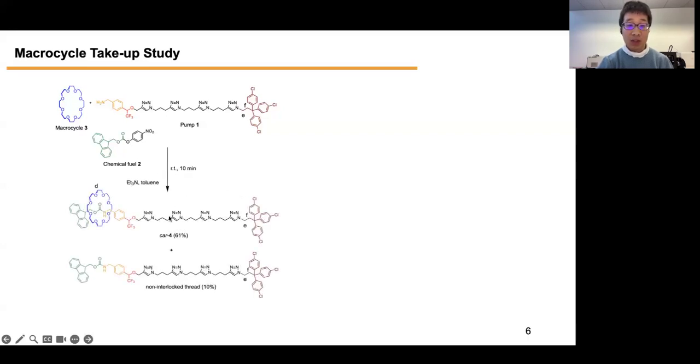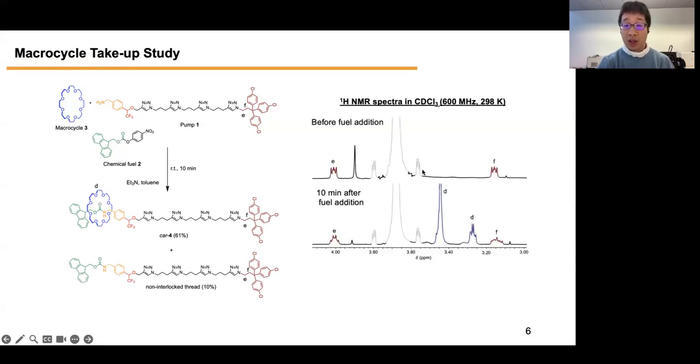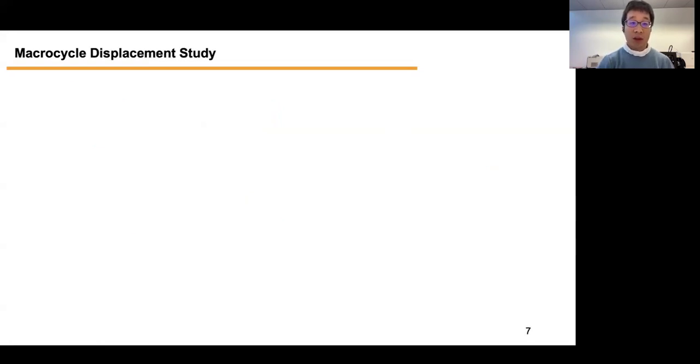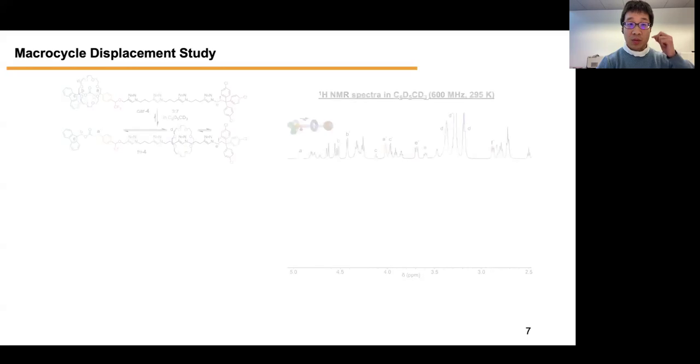And in 10 minutes, the majority of product was this interlocked species, and only 10% of the non-interlocked thread was formed. This is the proof that shows the presence of these interlocked species. So it shows the majority of the reaction takes place through the cavity of the macrocycle, which is good for pumping.